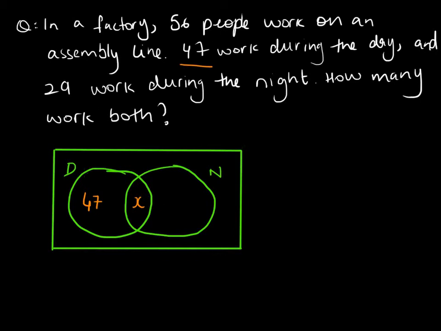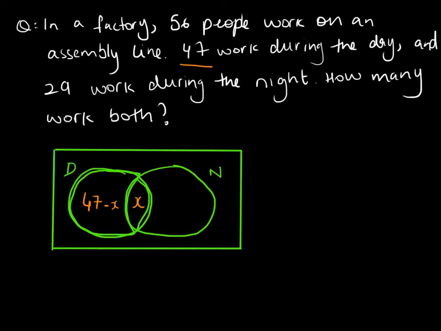So if we were to rewrite this slightly better, we would write it as 47 minus X, because this area right here, I'll highlight it, represents the workers who work just during the day. And that will be 47, which is the total number of workers during the day, minus the number of workers who work both during the day and the night, which is X.